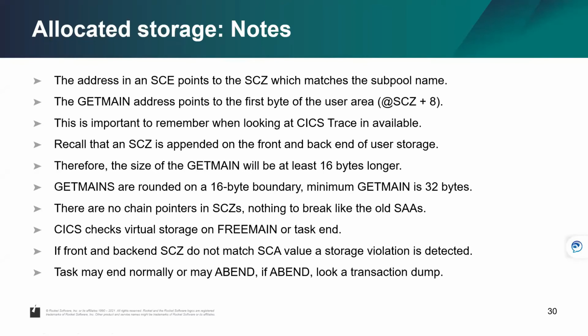You see, if the task ends successfully, it's during storage cleanup that we detect the storage violation. So the task could have worked, right? However, chances are if there's a violation and you're violating a particular area and putting bad data in there, then maybe the task is abending with an ASRA, right? And because of that, the task is in the middle of abend processing, and during cleanup, we happen to find a storage violation.